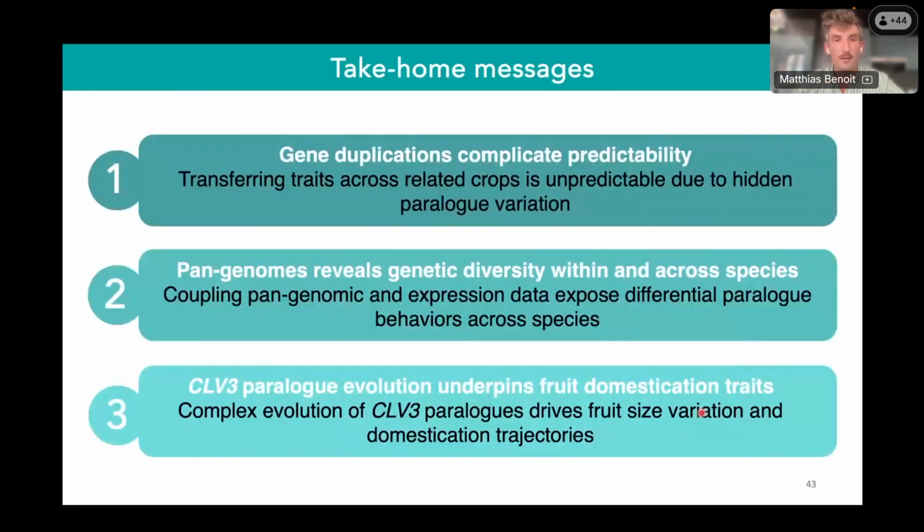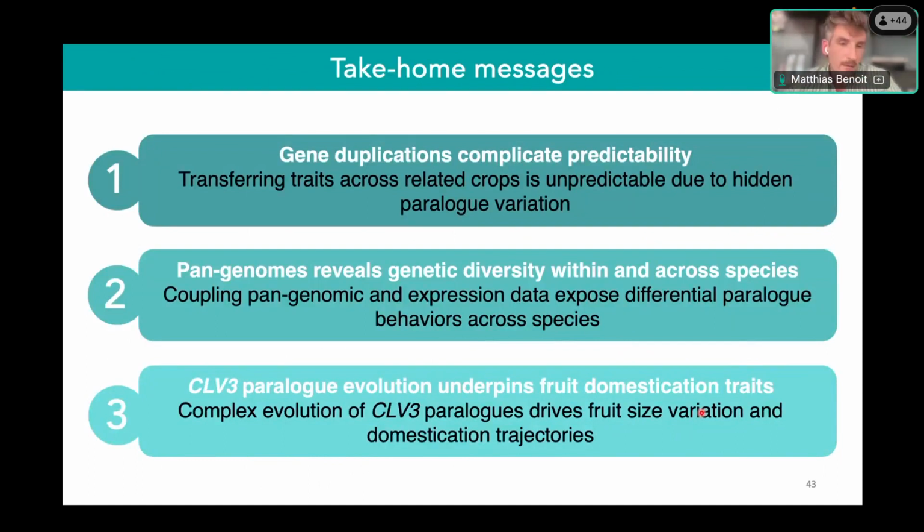So with this, I would like to conclude with a few take-home messages. I hope I convinced you in this presentation that gene duplications can really complicate trait predictability, and especially the fact that transferring traits across related crops can be unpredictable because of this hidden parallel variation.